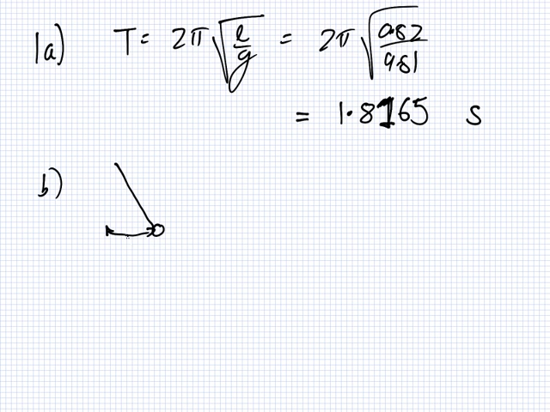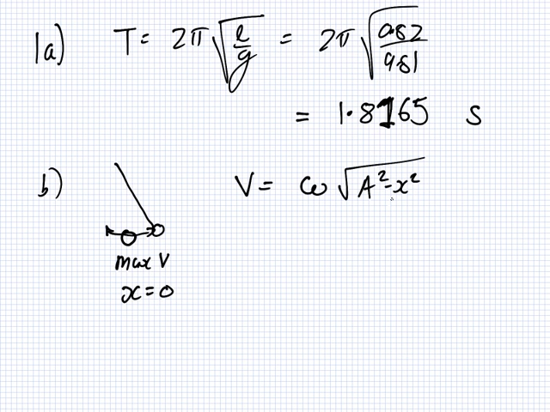As it's swinging, the maximum is in the middle, when x is 0. So, using the formula v equals omega root a squared minus x squared, but the x we said is 0, the maximum velocity is omega a. Omega is 2 pi over T, times a.